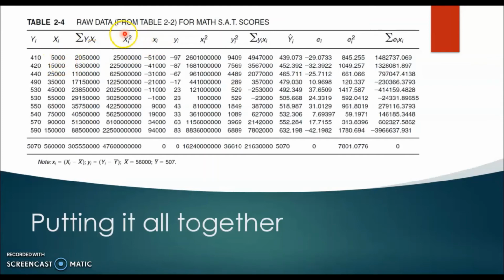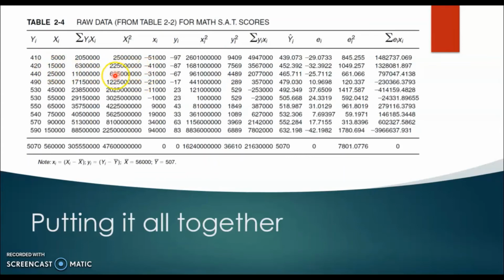So this squared value of x1, as it refers to the first observation, is 25,000,000. And we repeat the same process for the second observation. So the squared income for the second observation, or x2 squared, is equal to 225,000,000. All that you have to do is to square each value of income for each observation.